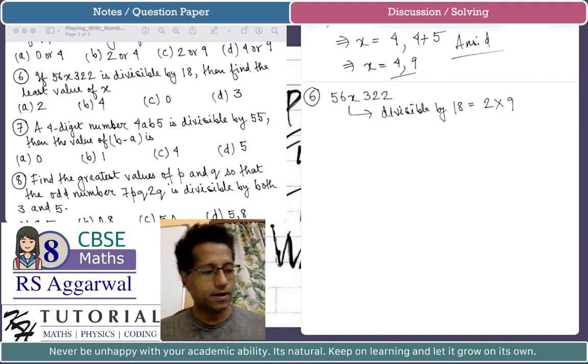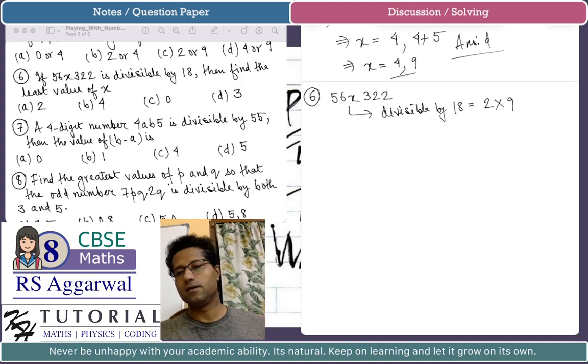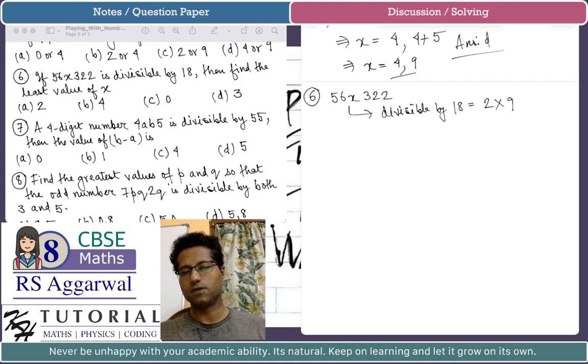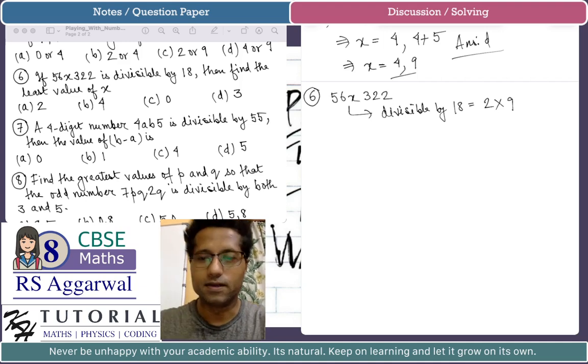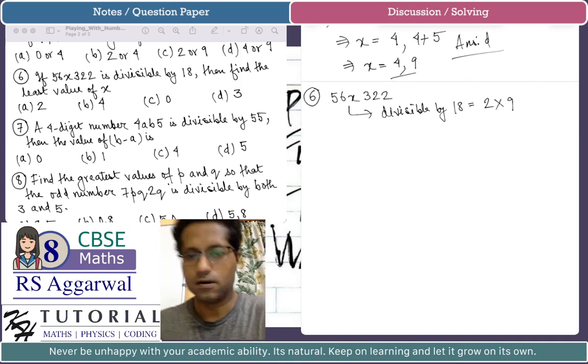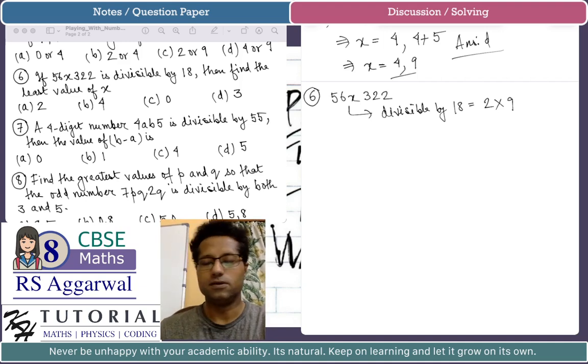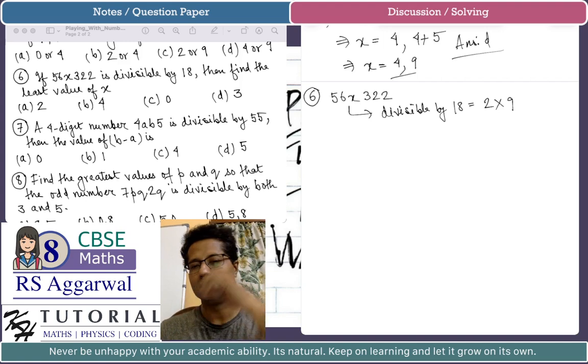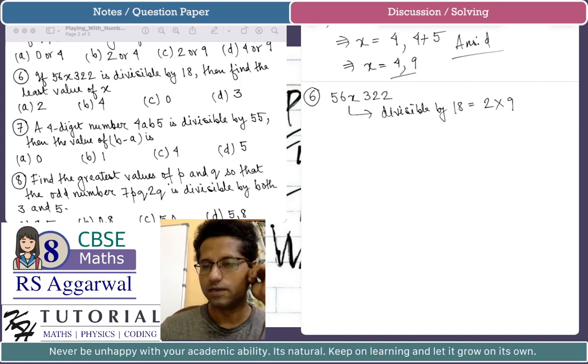So the given number is divisible by 18, which means the given number must also be divisible by both 2 and 9. Now we can clearly see that the given number is even because the ones digit is 2, which is even. So definitely this given number will be divisible by 2. So we just need to check whether this given number is divisible by 9 or not.